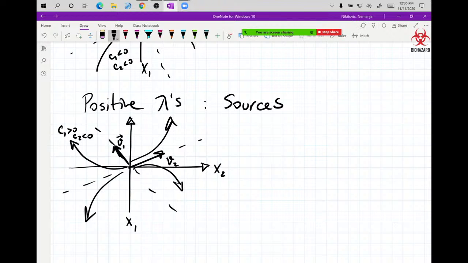In the top one, both larger, so C1 larger, C2 larger. Over here, C1 less than 0, C2 greater than 0, and C1 less than 0, C2 less than 0. Again, though, it's the game of what the constant coefficients are in the front. I mean, the coefficients of those C1, C2.